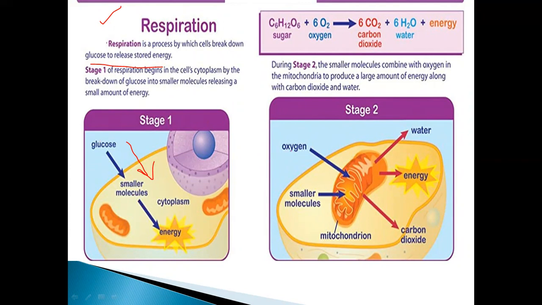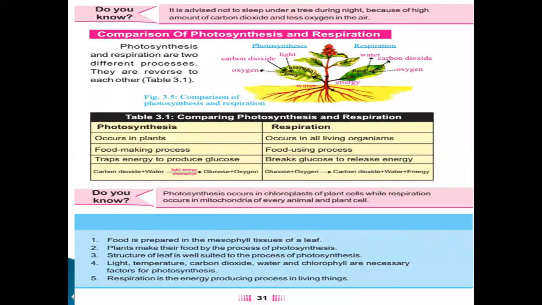This stage 2 is elaborated in the highlighted diagram: oxygen is taken in by the mitochondria and they break down glucose into smaller molecules, and they produce water, energy and carbon dioxide. So respiration is nothing but the production of energy with the help of the food which we and other living organisms use.